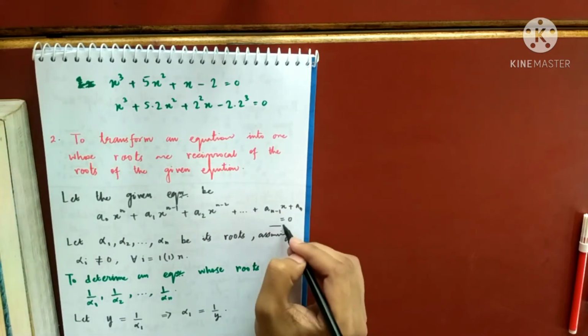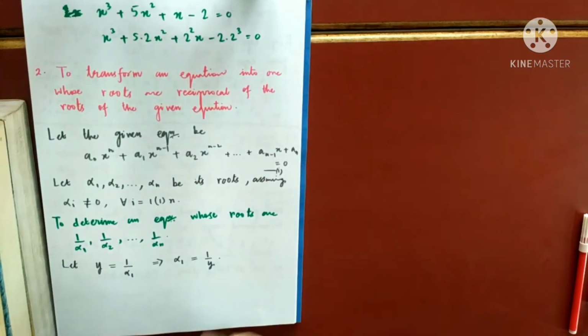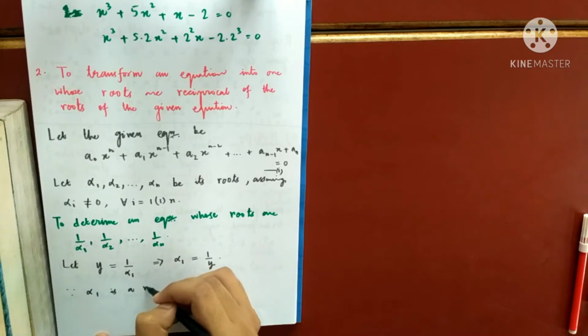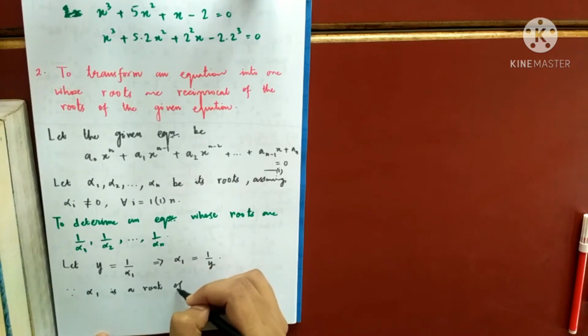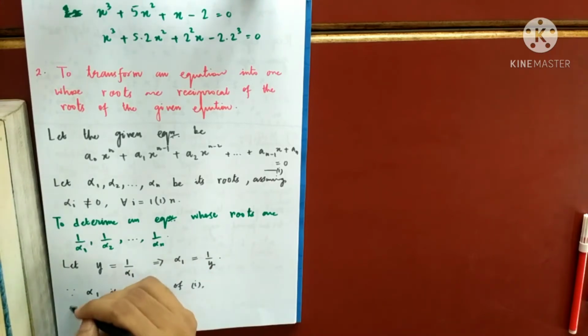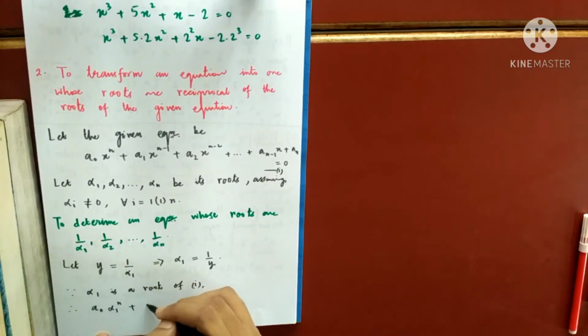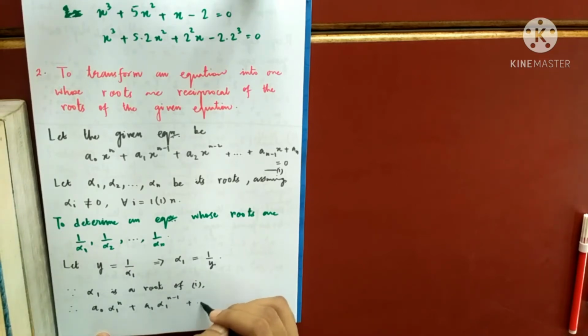So if I call this equation 1, so since alpha 1 is a root of 1, therefore what I have, a0 alpha 1 to the power n, a1 alpha 1 to the power n minus 1, and so on.